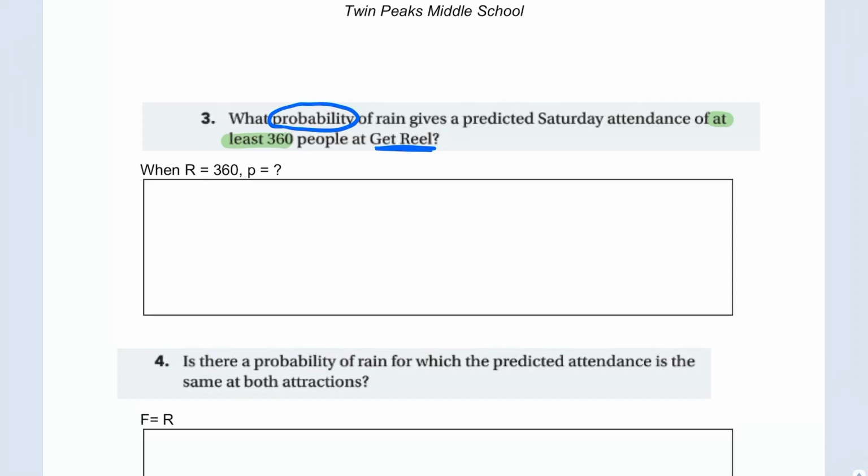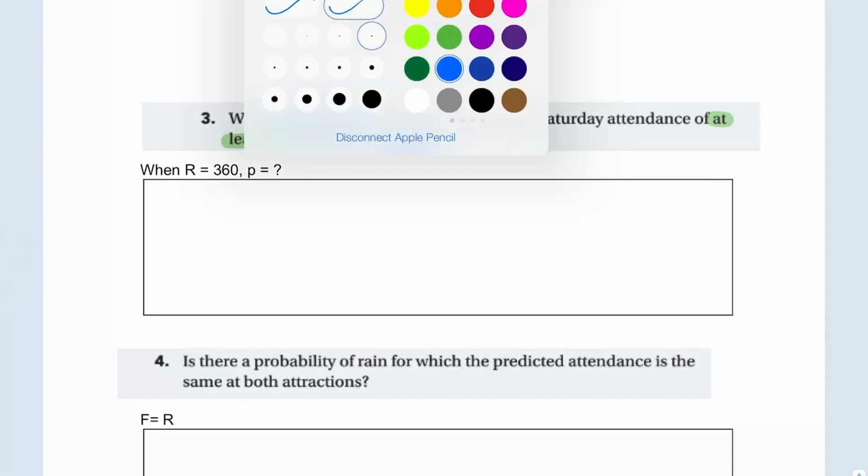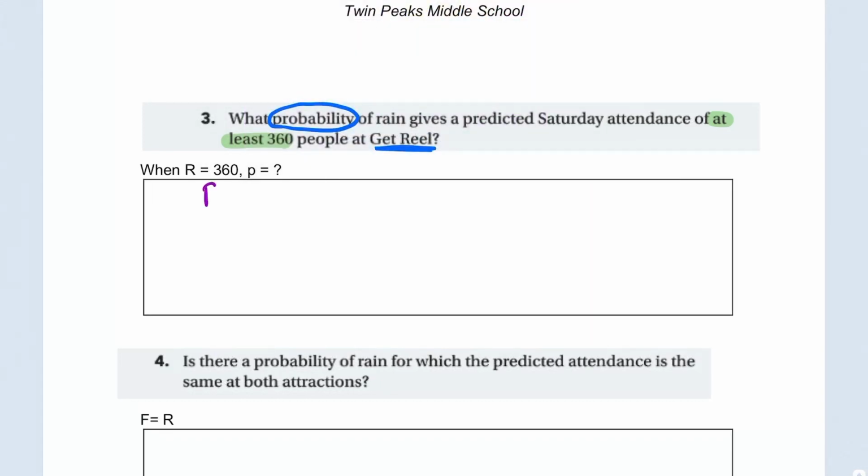Let's start with our equation for Get Real. So R is equal to 2P plus 300. Now, I want the attendance to be at least 360 people. So that means that it can be 360 or more. What sign should I change this equal sign to?